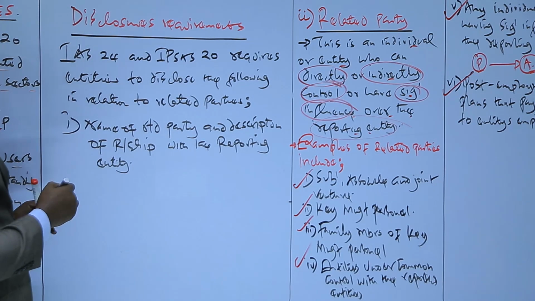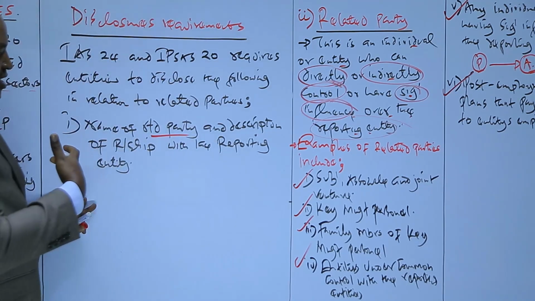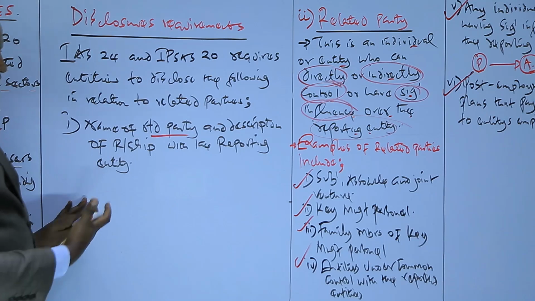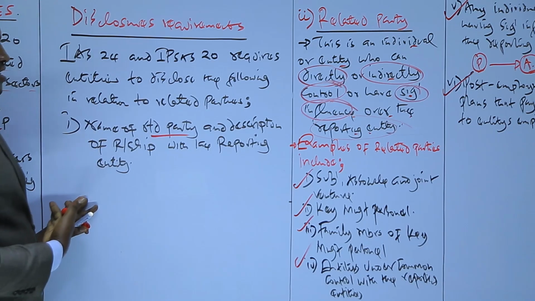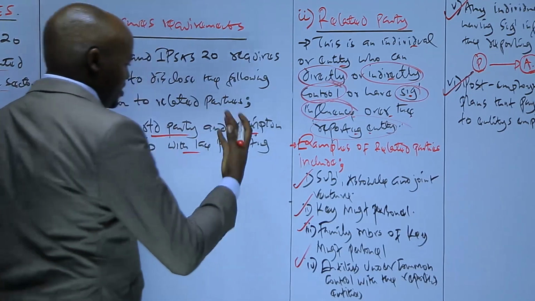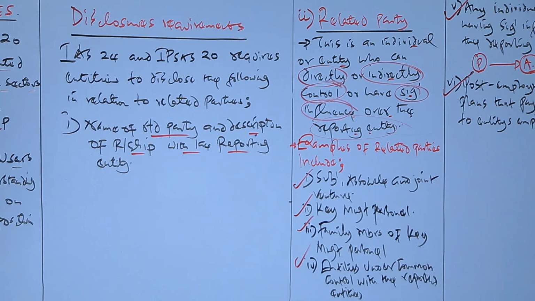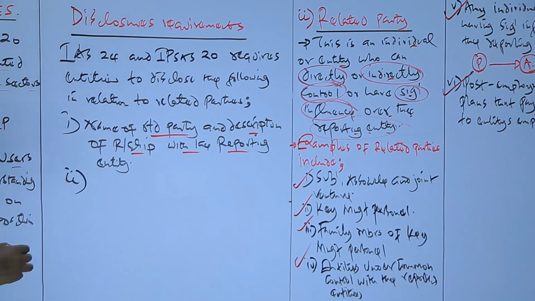Whether it is an entity or an individual, the name of that related party must be disclosed, and also a short description of the relationship between the related party and the reporting entity. That is the first information entities are required to disclose.